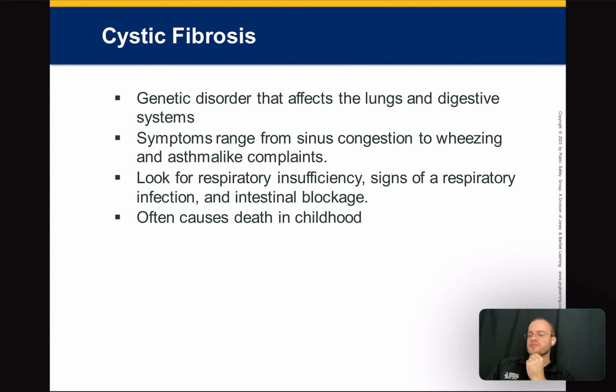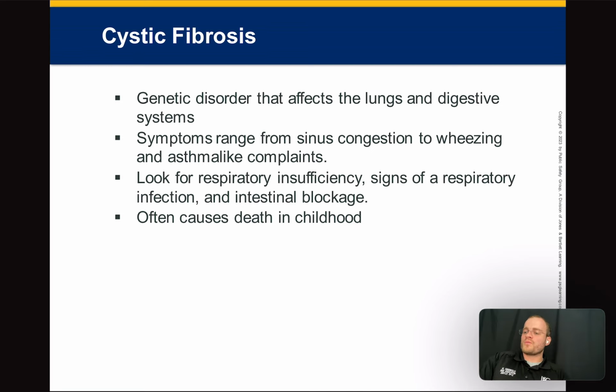Now, cystic fibrosis, sometimes you'll hear this called CF. Cystic fibrosis is a genetic disease, okay? Basically, we have salt and chloride channels, and there are hundreds of different ways this can happen genetically, but the most common way is a defect of the salt and chloride channels within the body, okay?